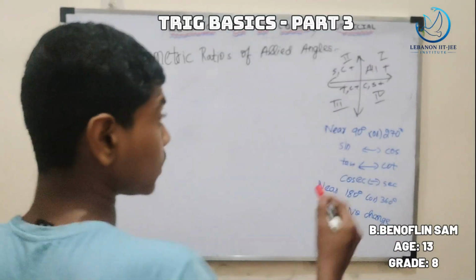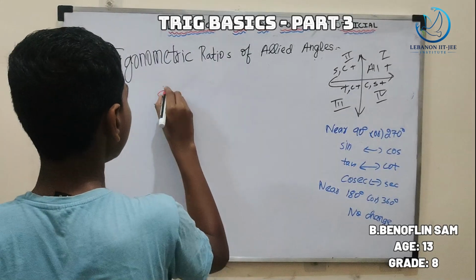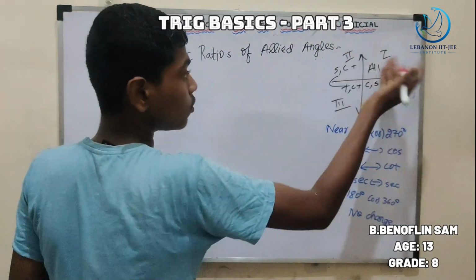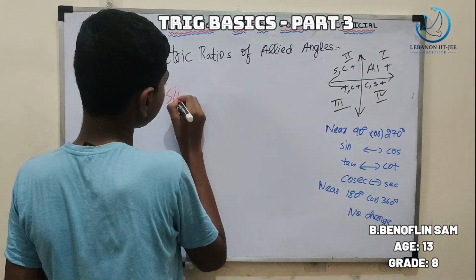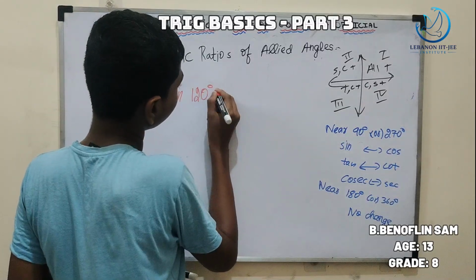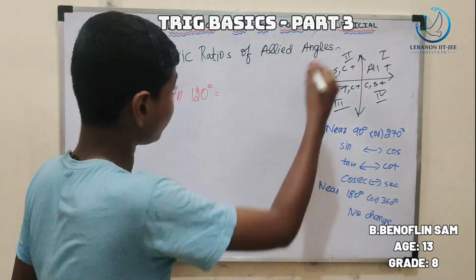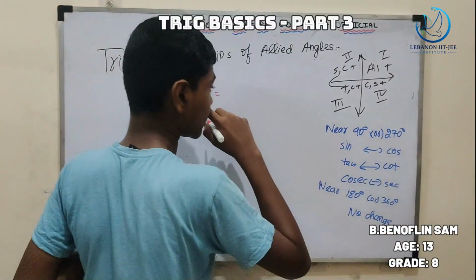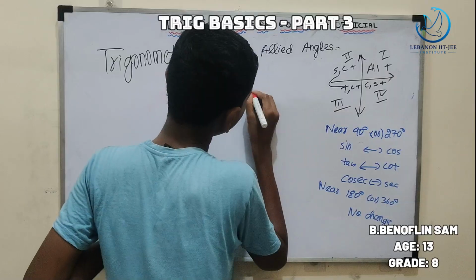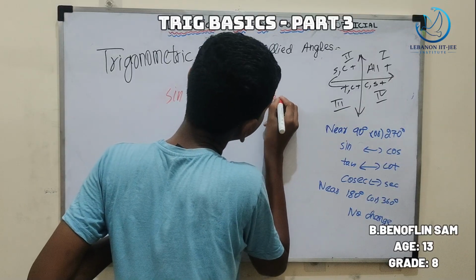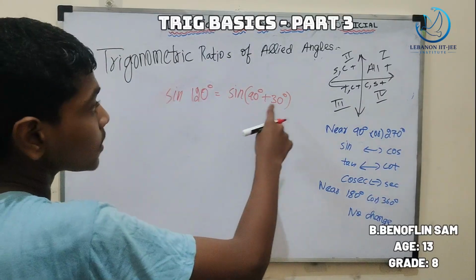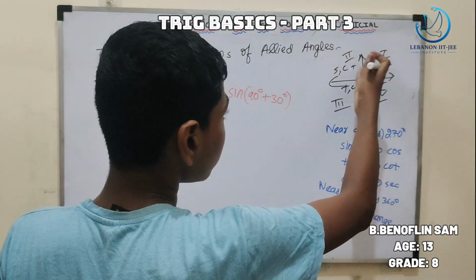For example, I'll tell like this. Sine, we're using this, you can do this. For example, sine 120 degree, my favorite example, this one only. Here you can take it as sine of 90 degree plus 30 degree. So it's 90 degree plus 30 degree, which quadrant will come? The second quadrant.